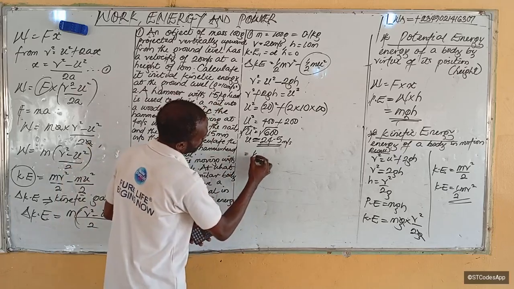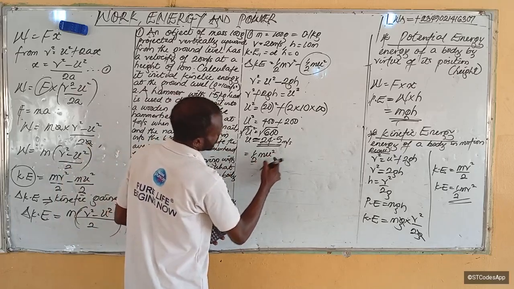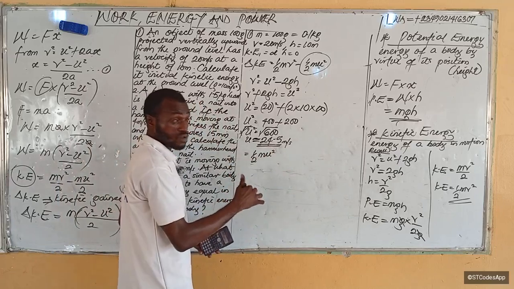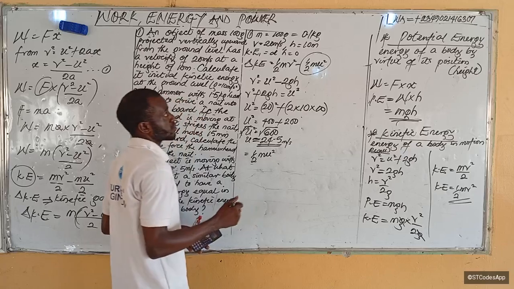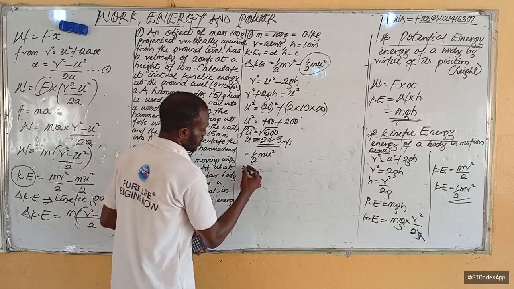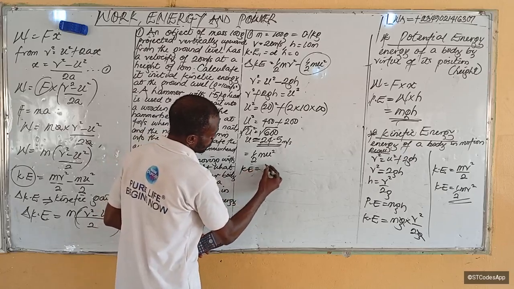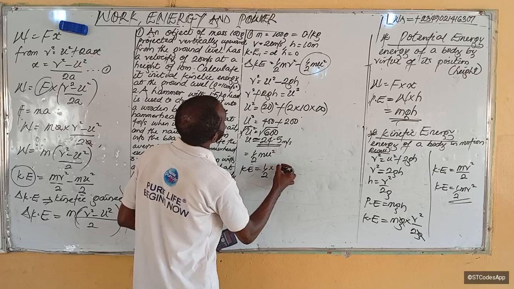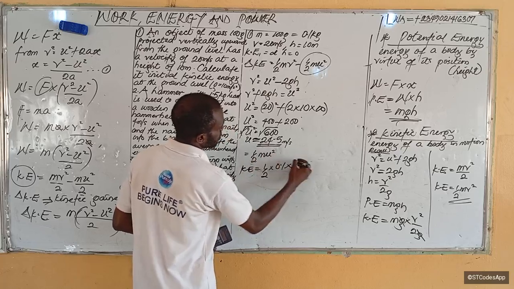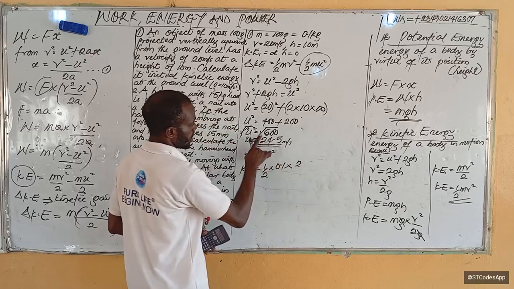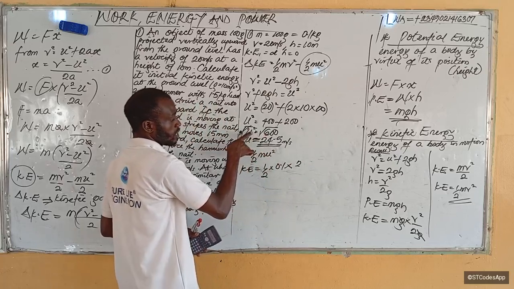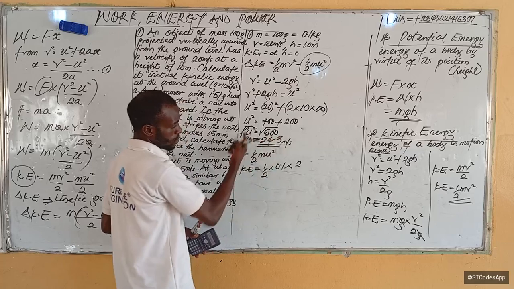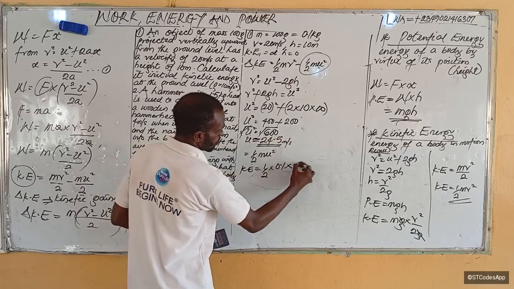Initial kinetic energy is half mu squared, because we now know the body was moving with 24.5 meters per second initially. So initial KE becomes 1 over 2 times the mass of the body, 0.1, times u squared. U squared is 600, so we just use 600 here.